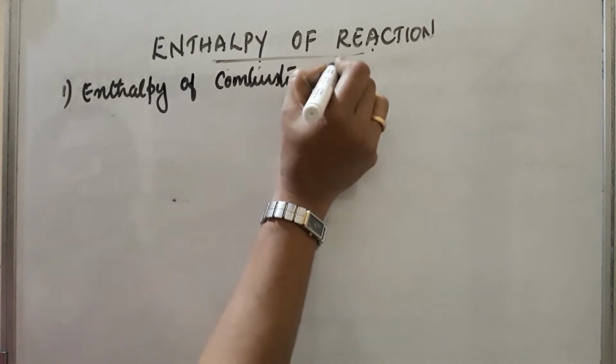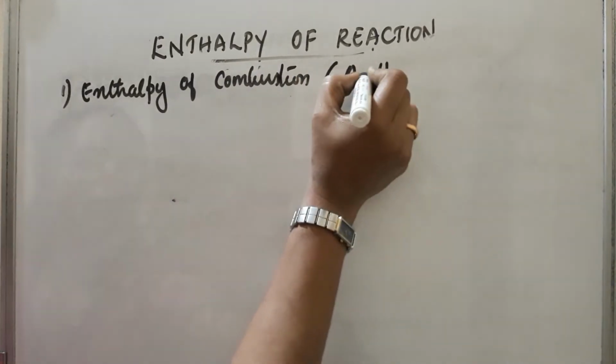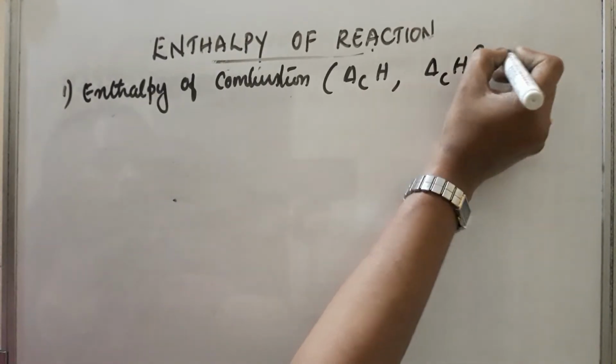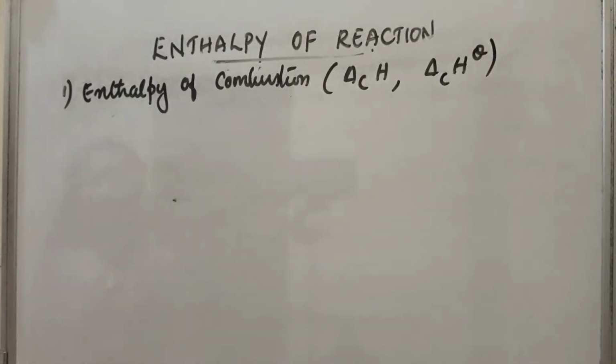It is denoted like this, and at standard condition it can be represented like this. So, what is enthalpy of combustion? The enthalpy change accompanying the complete combustion of 1 mole of a substance in excess of air.